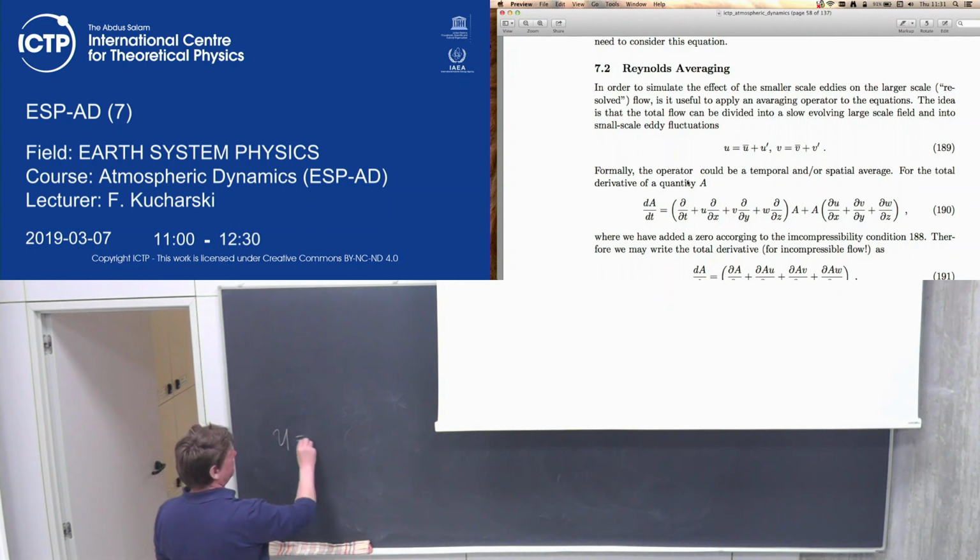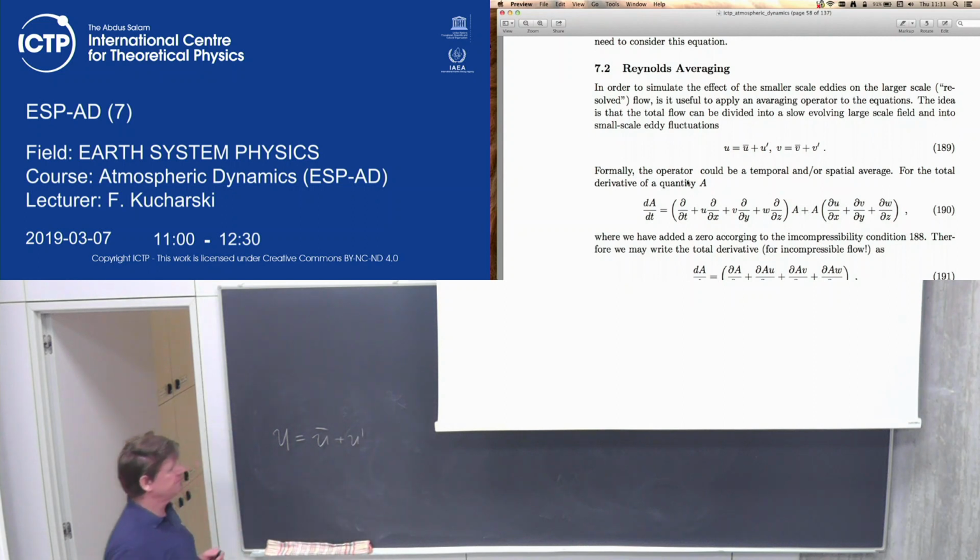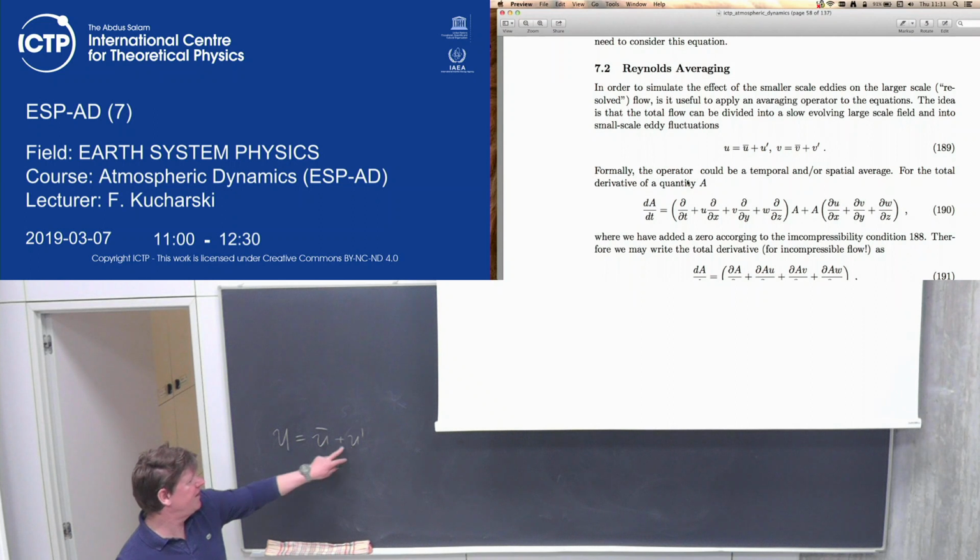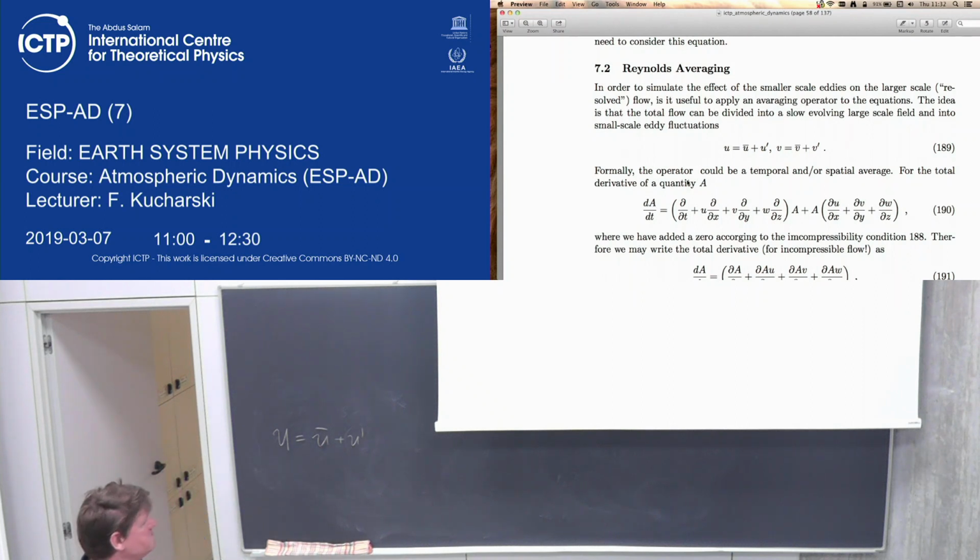So our flow, and we have done this several times already, may be decomposed into this part. Right now we don't even say that this should be small. You remember in our linearization, we assumed that the perturbations are small with respect to the mean flow. Right now, that's not strictly necessary. In fact, we don't make this assumption here.